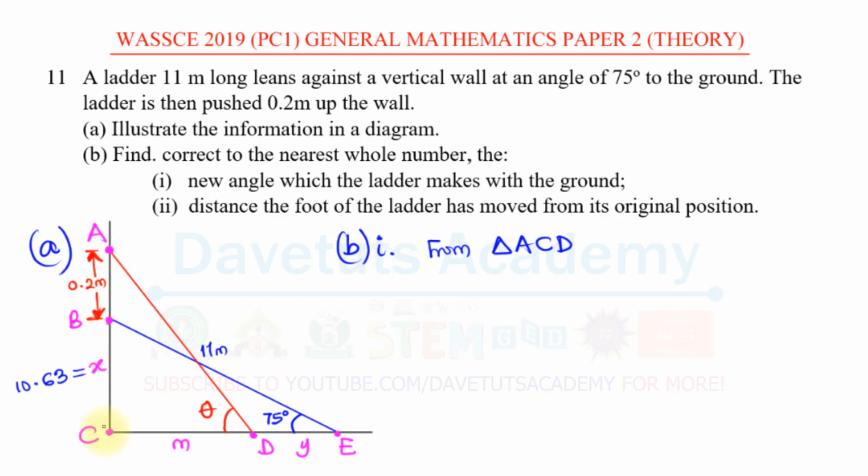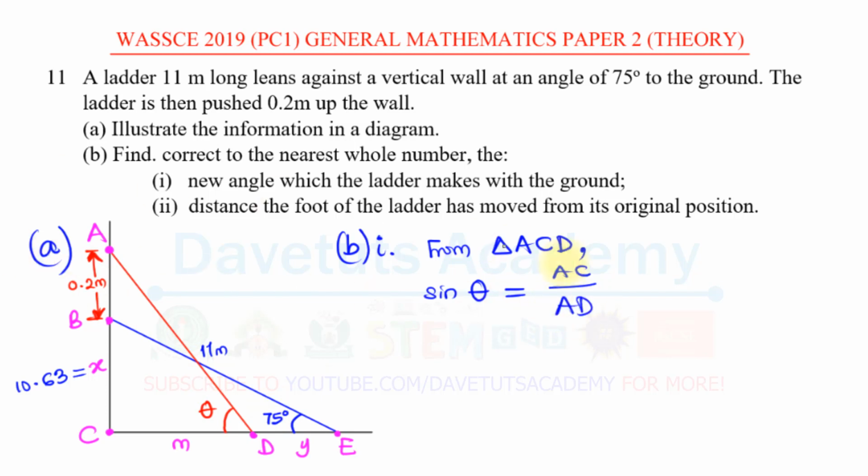I can also use my trigonometry identity to say sine theta now, not sine 75. Sine theta, which is opposite over hypotenuse, that opposite is now AC over the hypotenuse, the longest side, AD.